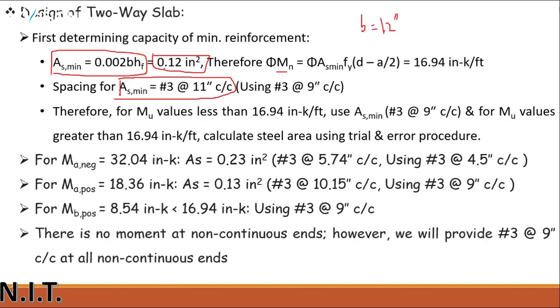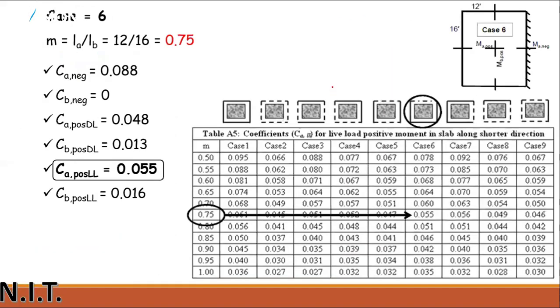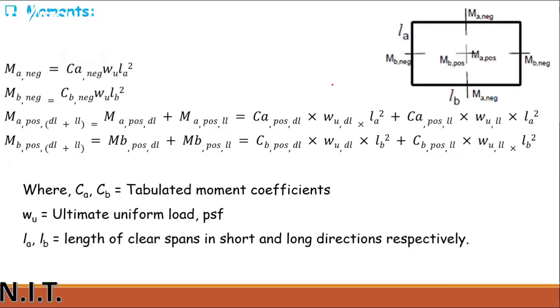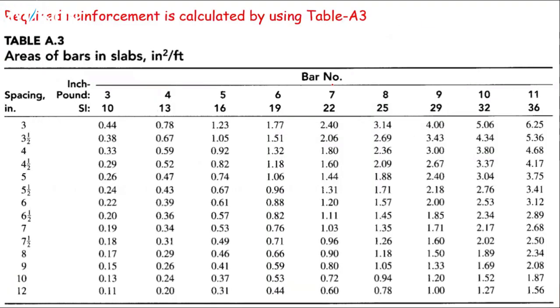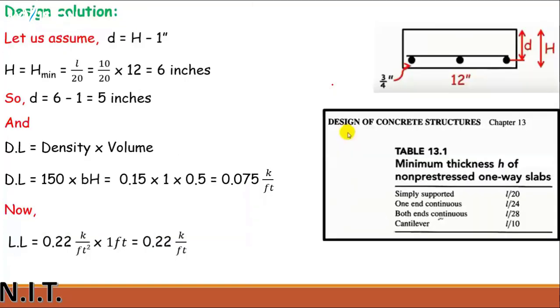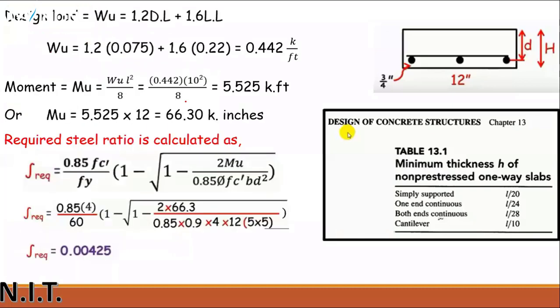AS minimum is already calculated, that is 0.12. Fy is 40 ksi, and d is the effective depth, which was already discussed before in the one-way slab problem. This is d. The total HF value in example number 3 is 5 inches and d is 5 minus 1, so d will be equal to 4 inches.